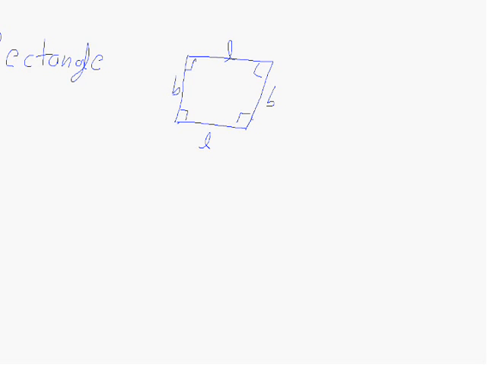As we saw earlier, the perimeter of a rectangle is twice length plus breadth, and the area of the rectangle is length into breadth. Now, what do we mean by the diagonal of a rectangle? A line segment joining the opposite vertices of a rectangle is called the diagonal.